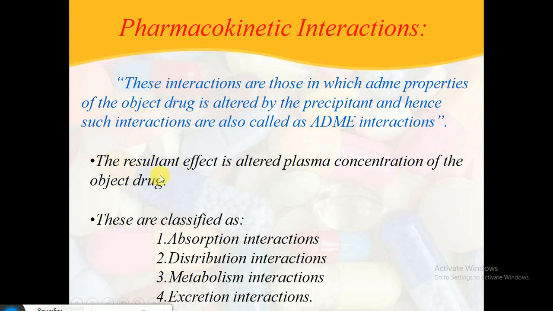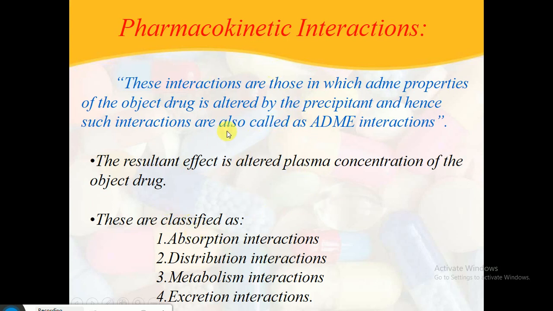The resultant effect is a change in the plasma concentration of the object drug. As we know, inshallah I will discuss a little bit about what plasma concentration is, and also the half life of a drug.